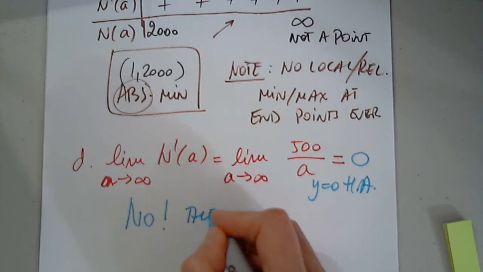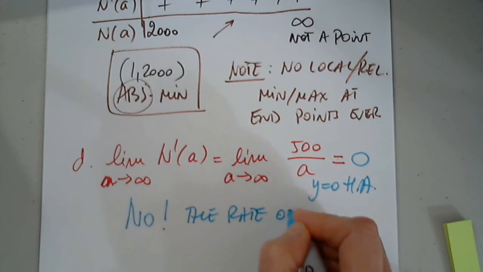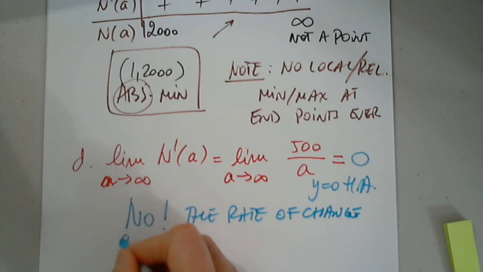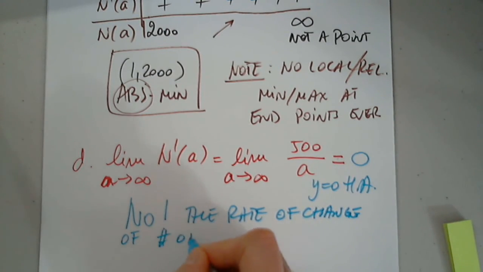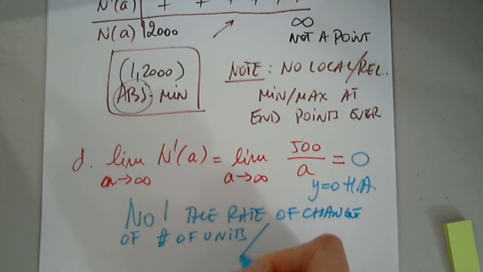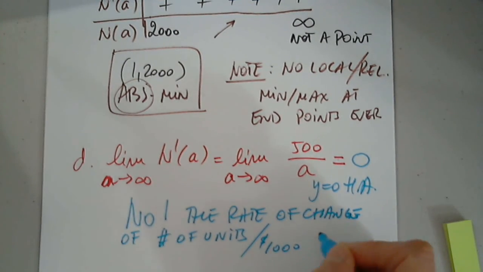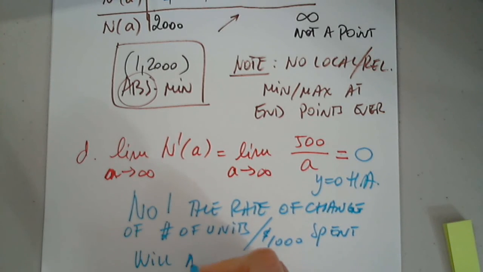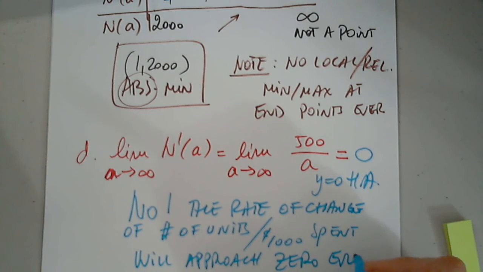So the rate of change of number of units per $1,000 spent will approach 0 eventually. Very good. Well done.